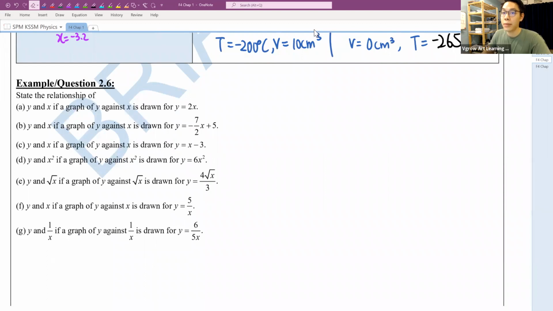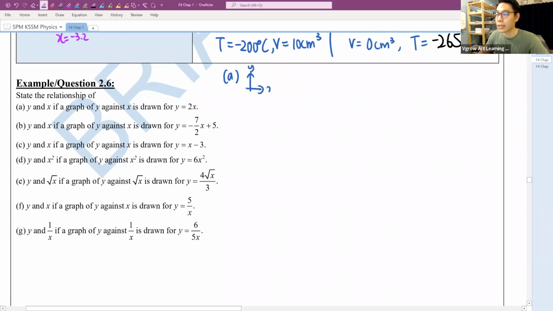State the relationship of x and y if the graph of y against x is drawn. So for part A, we are drawing y and x. So I want you to just roughly draw out your graph, very simple one. There is no y-intercept. The y-intercept is 0, and the gradient is positive. Okay, so your graph looks like this for part A. I repeat, you have y equals to 2x plus 0.